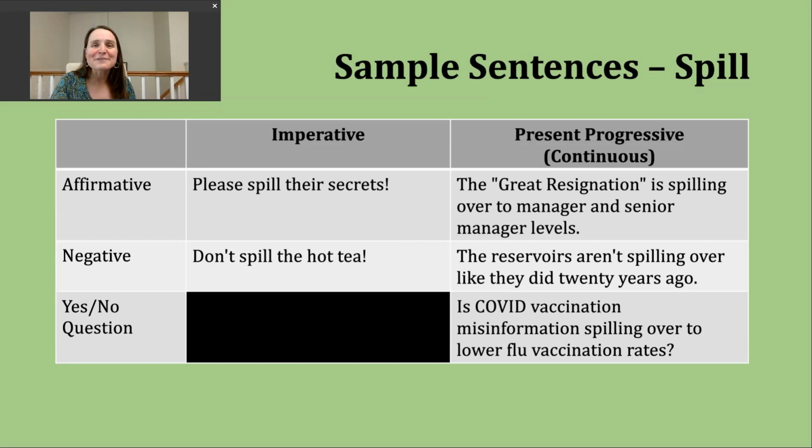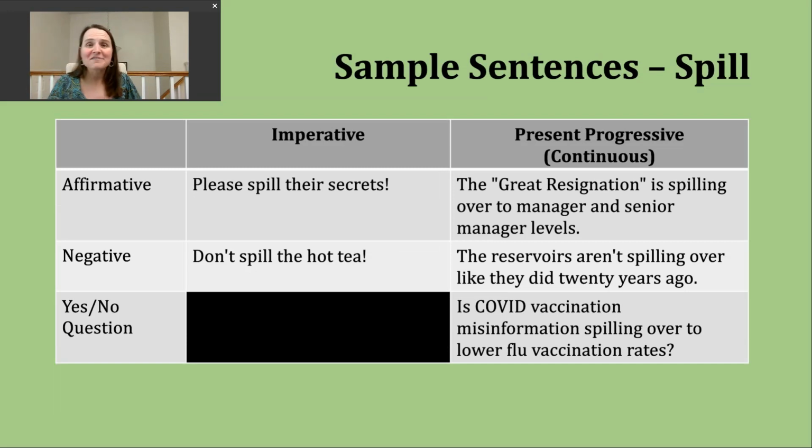Now, let's continue using our verb of the day, spill, in a couple different verb tenses. Today, we're going to practice the imperative and the present progressive or the present continuous, but we'll start with the imperative. You might know the imperative as a command. It's unique in English because there is no stated subject.